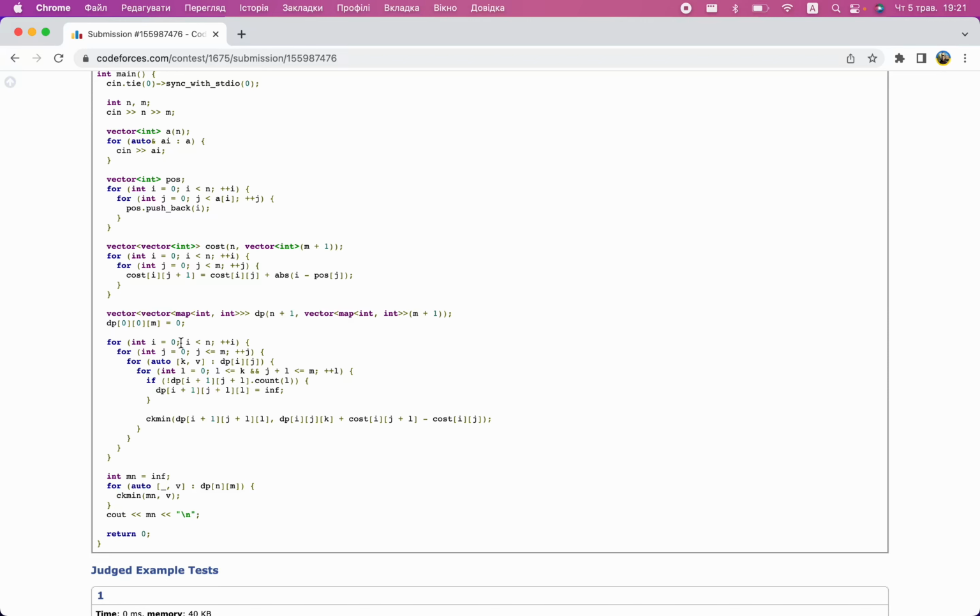That's too much. So my reasoning here is that the keys in this map, and therefore the size of the map, will be increasingly small as we continue to increase the number of plates.